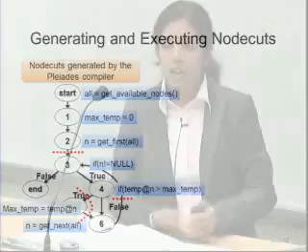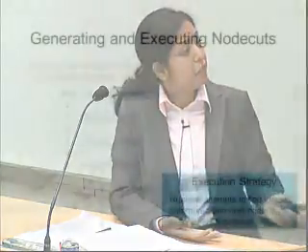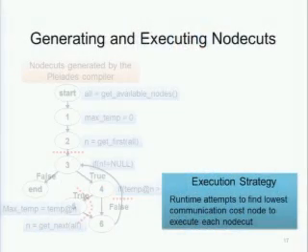Now that we know how the compiler generates the node cuts, let's see how the runtime actually figures out where to run each node cut. Like I mentioned before, the runtime tries to find the lowest communication cost node to execute the node cut. For this, again, it utilizes the property that the location of variables is known beforehand in a node cut, and assuming that it has topological information, it can figure out exactly where to run the node cut in order to minimize communication cost.